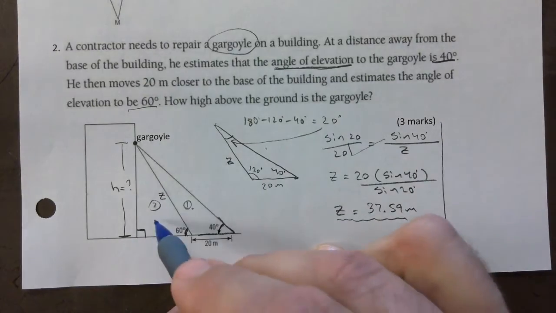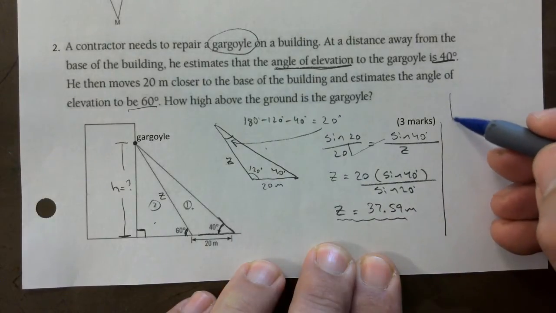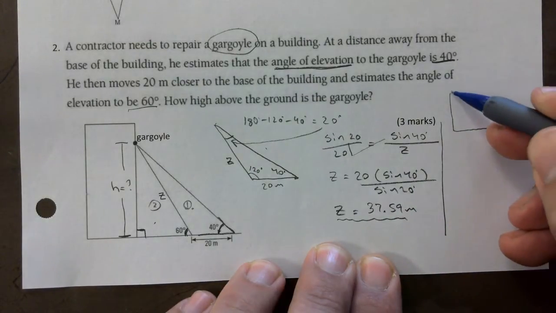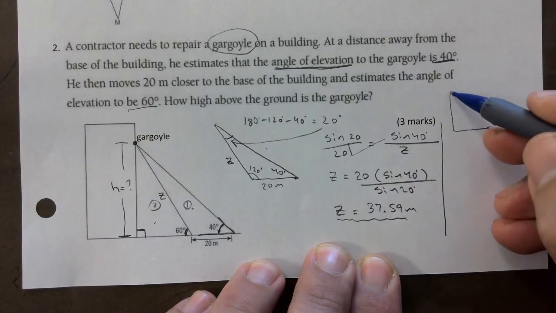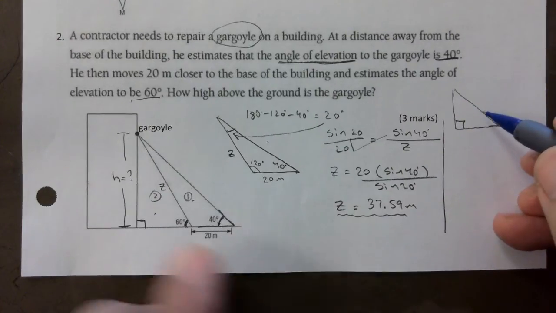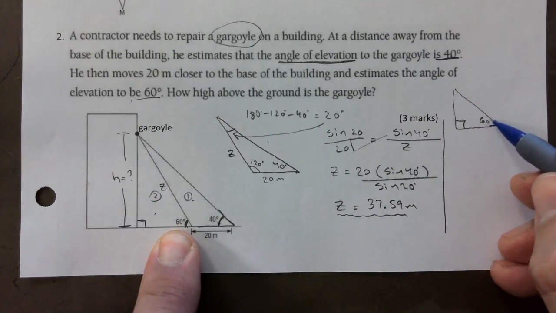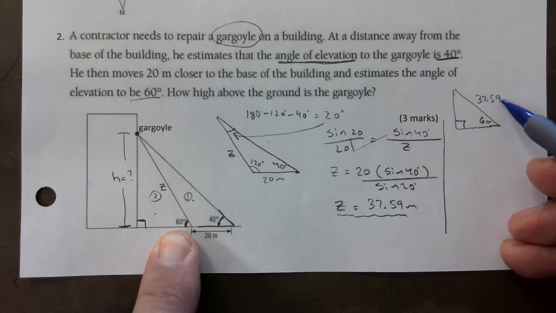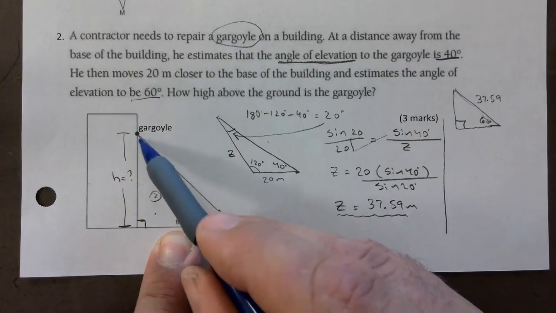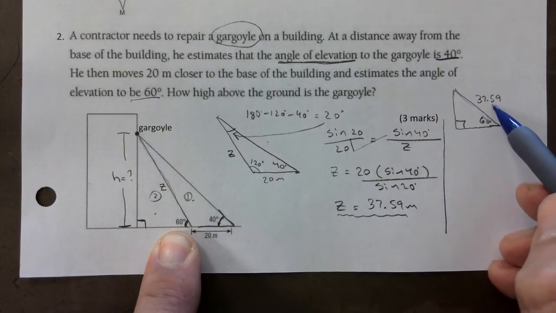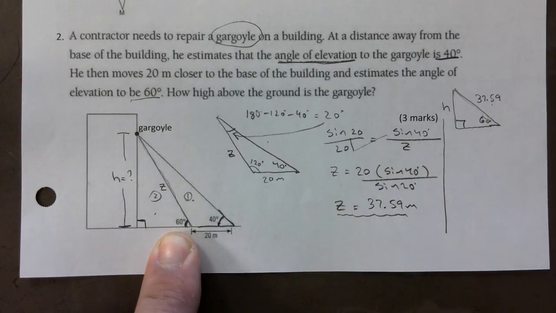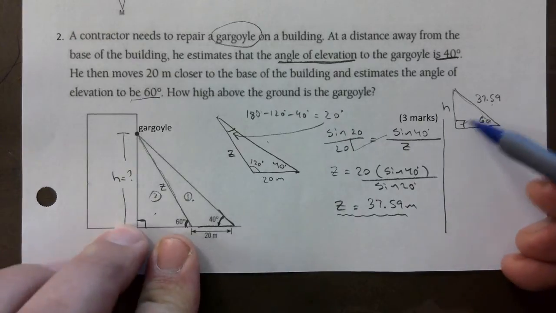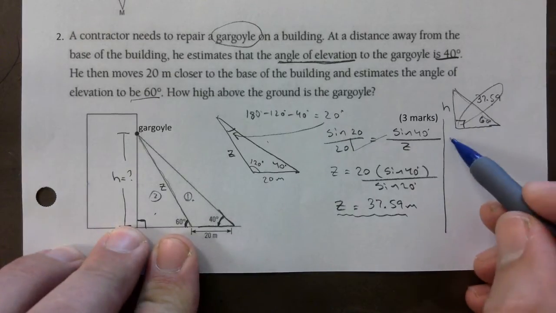Now I'm going to shift over to this one. I'm going to use this 60 that's in here. I know this one is 3759 now. I just found this side, which is this one. And I'm going to find the height, which is there. This is my pair, and I'm going to use the other one.